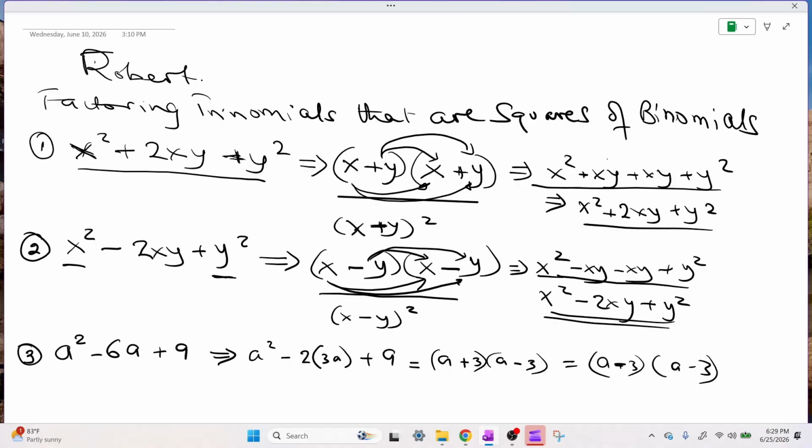Is this one to be positive? Sorry about that. It will be negative, and then this one will also be negative, because negative 3 times negative 3 will give us positive 9. And so this expression here can now be written as a minus 3 squared as our answer.